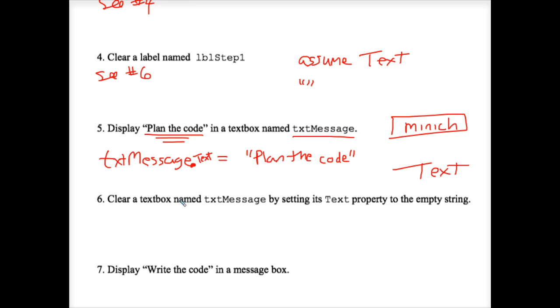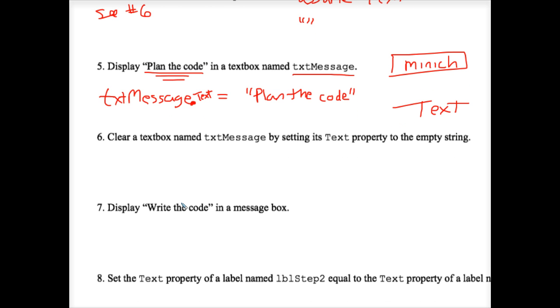Number 6 on tonight's worksheet. If we're clearing something, that means the empty string is probably involved. Oh yes, I did mention it. So somewhere in your answer you better have empty quotes. Well, what object is being talked about? TXT message. And here in this question I make it very obvious that you're doing something with its text property.